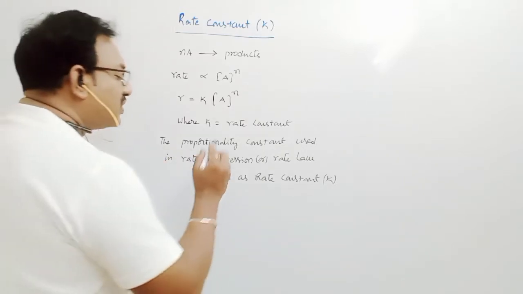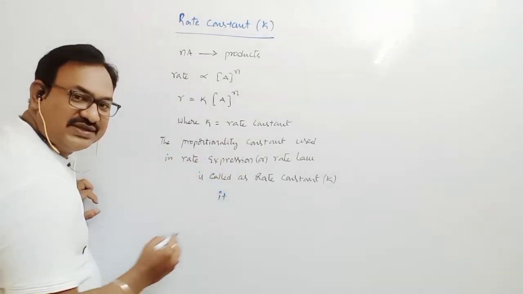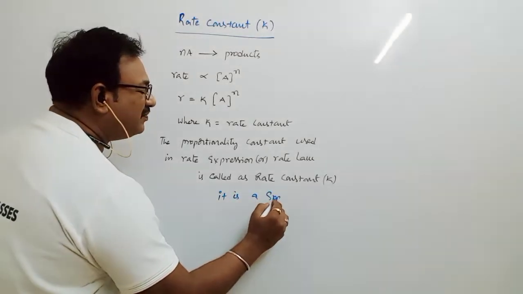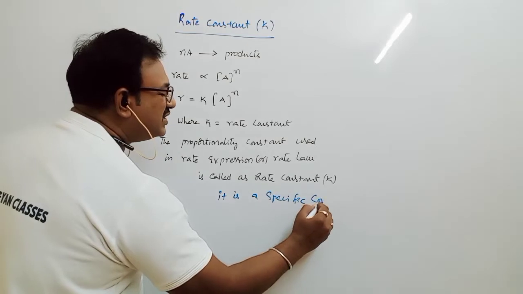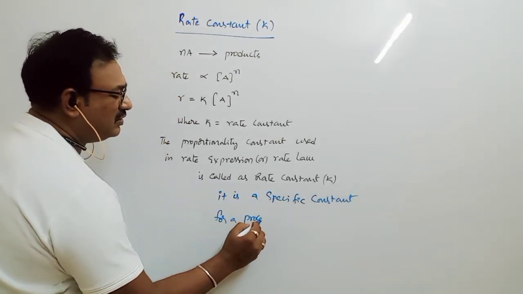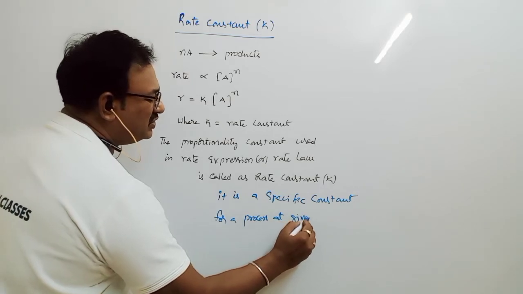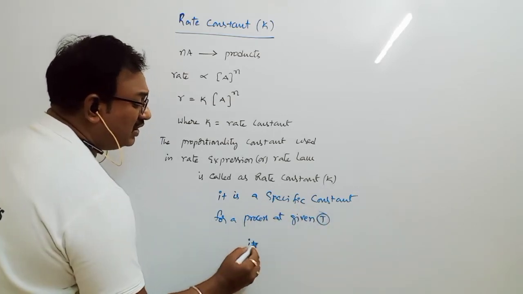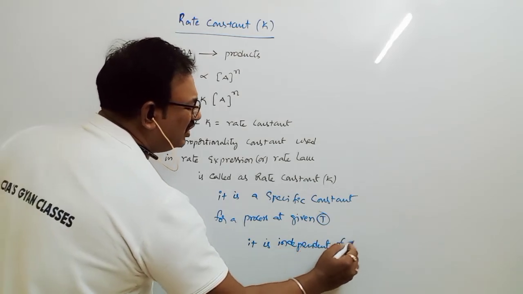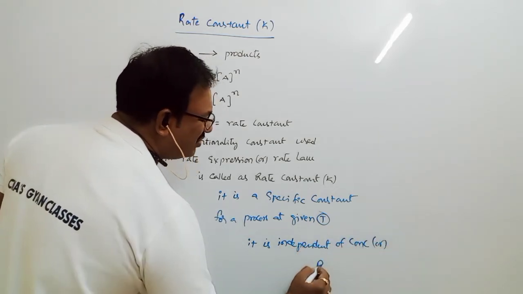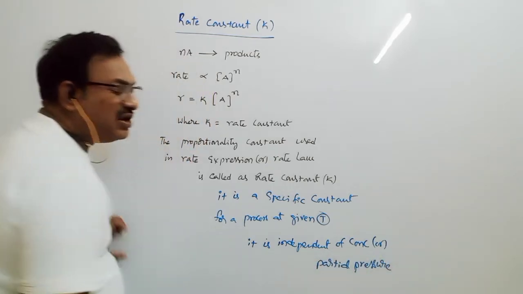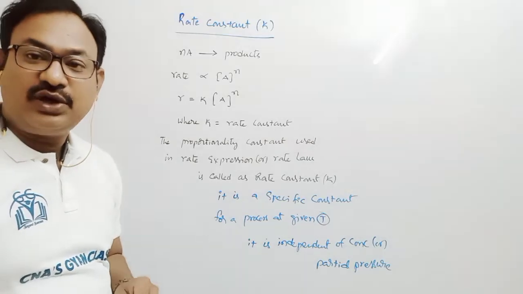So you better go through it like this: it is a specific constant for a process at given temperature. Next, it is independent of concentration or partial pressure. It depends only on temperature.